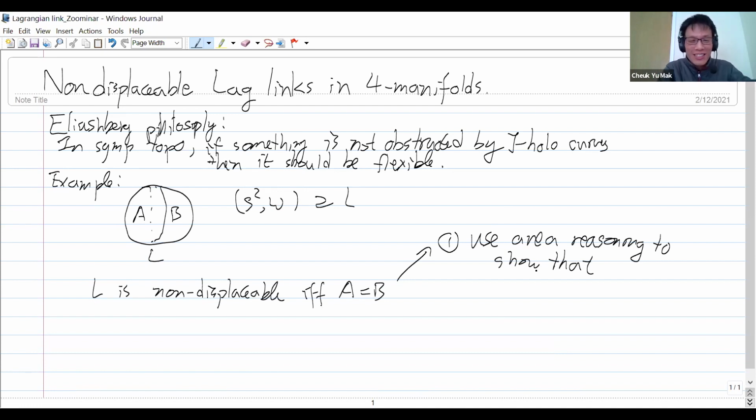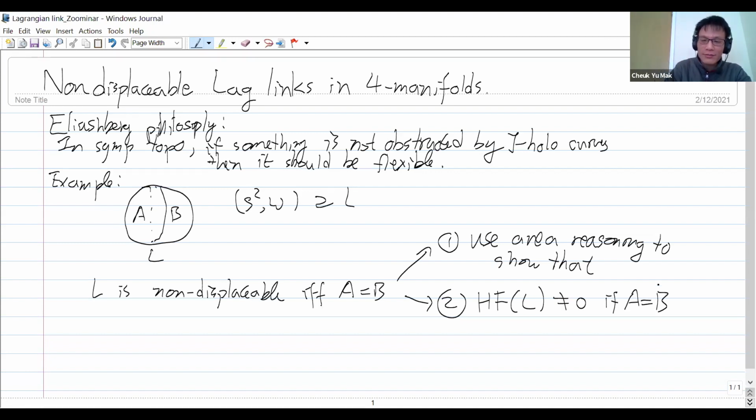Another way is that you can prove it using Lagrangian Floer cohomology when A equals B. This involves J-holomorphic curves, and it indeed shows that the philosophy is true for this example.